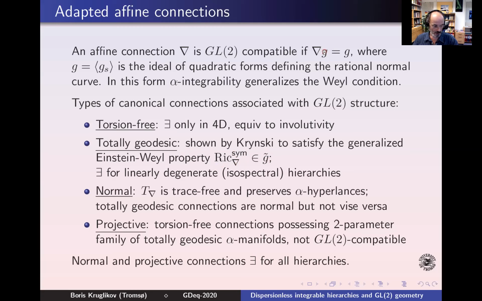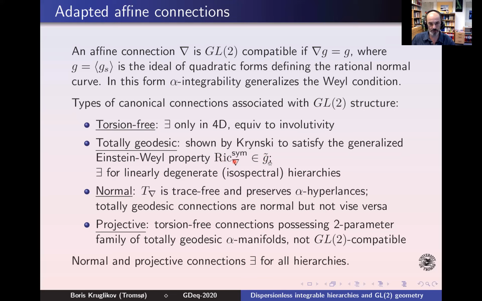Remember that a GL2 structure is a curve in the projectivized cotangent bundle. Its ideal, therefore, consists of symmetric forms, elements of the second symmetric power of the tangent bundle. So what we have to do is dualize the picture. Consider the curve in the tangent bundle, and then consider the corresponding ideal in the second symmetric power of the cotangent bundle.